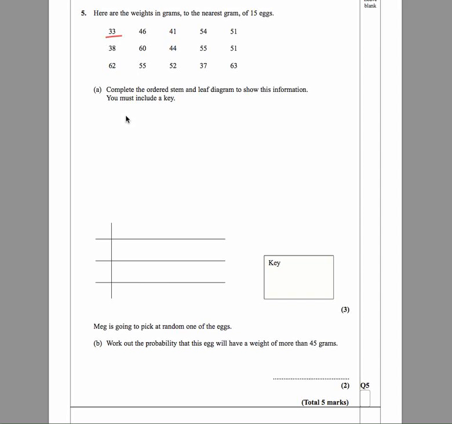Okay, so if we do 33, 37, 38, that's all of those. Okay, and then 41, 46, 44, and that's it for 40s.